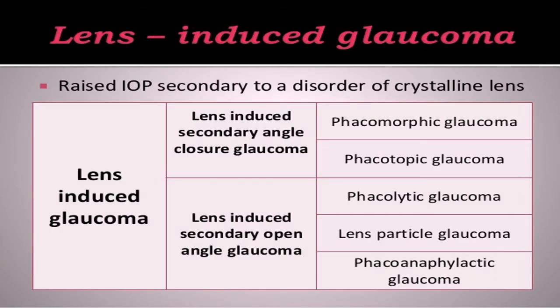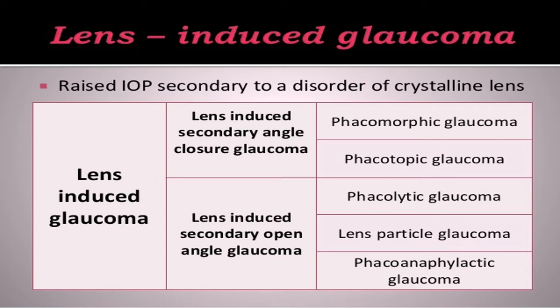Coming one by one, first is lens induced. We know where the lens is placed. It is just behind the iris. There is a clear space for the movement of aqueous from the posterior chamber to the anterior chamber through the pupil.